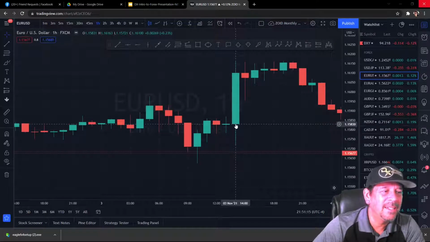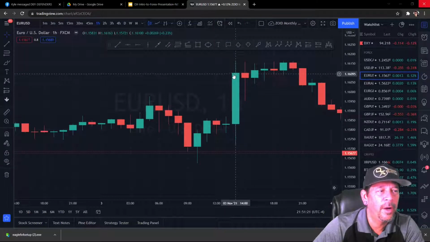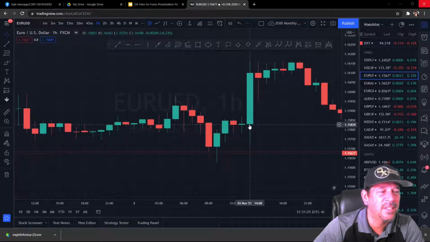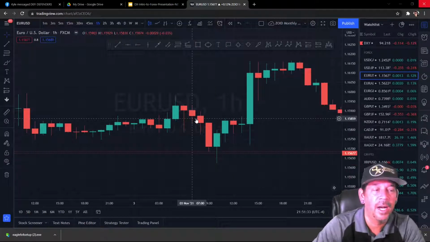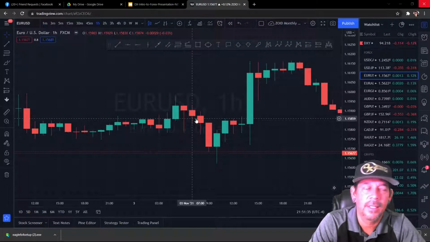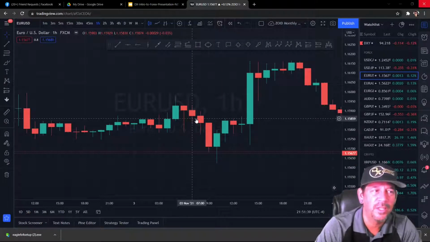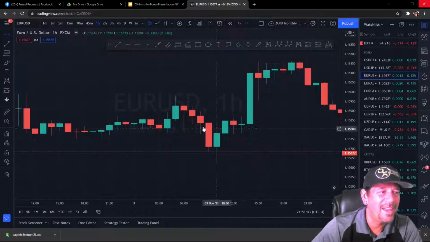Same thing: the body is where it opened and where it closed. You'll see that it has what we call wicks on them. We'll get into those in the next video when I talk about candlesticks and break down what that means, open and close, and all that good stuff, how these wicks are formed, and why they look different.